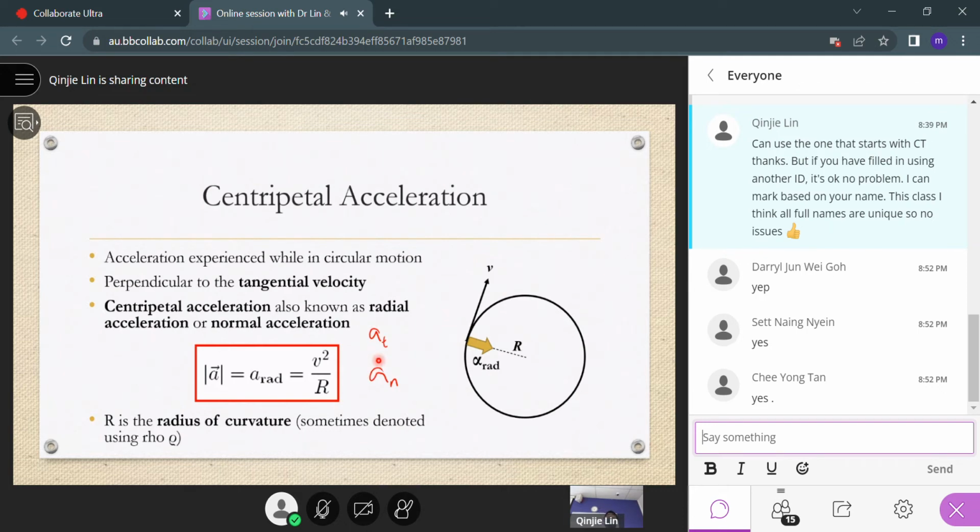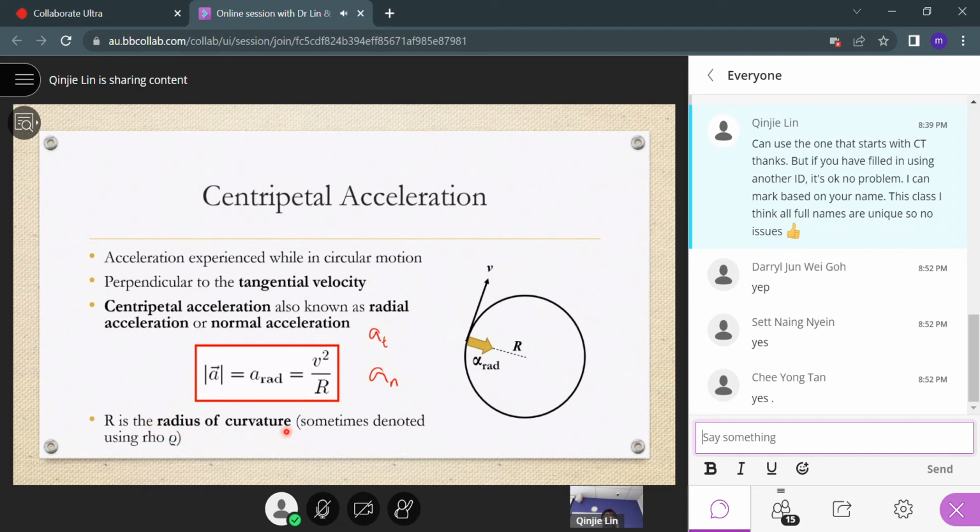So we can imagine if you only turn very, very slightly, your radius of curvature is going to be very large, correct? If you imagine the circle to be complete, it's going to take a super huge round. If you turn like a U-turn, you lock your wheel, your radius of curvature is going to be very small.